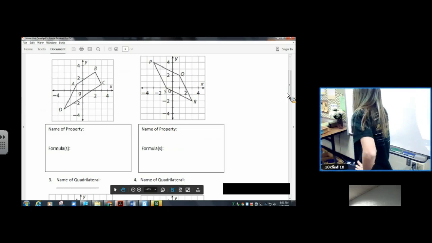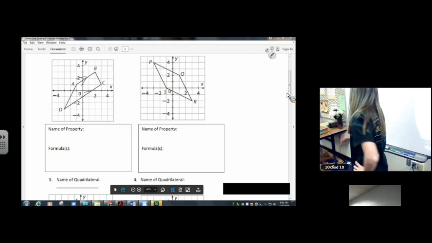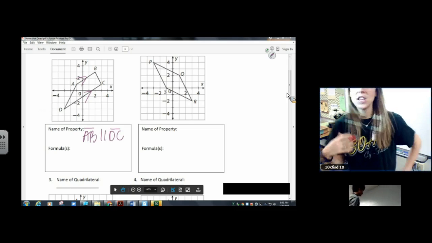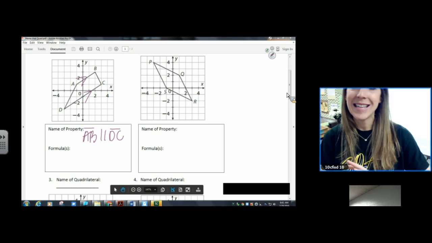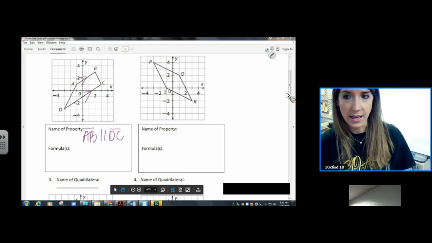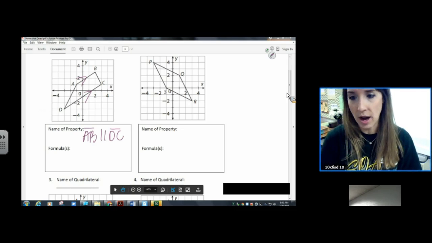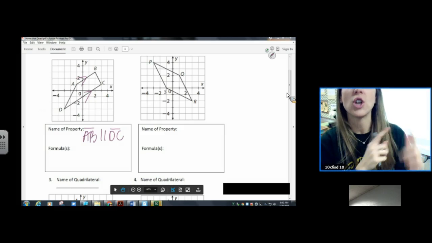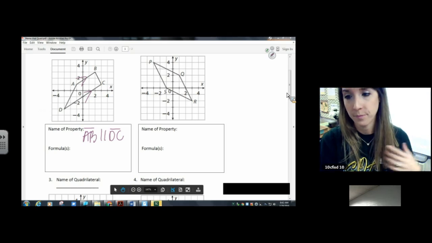So to prove that this was a trapezoid, you would just need to show that AB was parallel to DC. And then you might want to show that BC is not congruent to AD, showing it's not an isosceles trapezoid. You see where I'm going there? So you can show first it's a trapezoid, then you can show it's not something else.